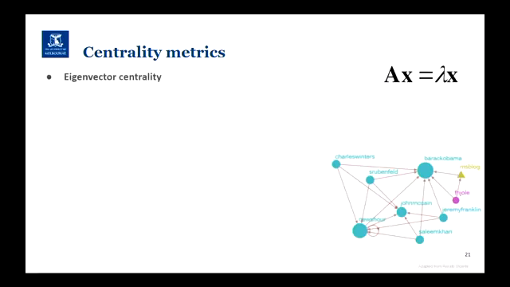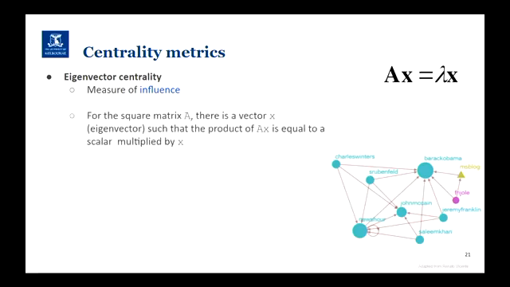And the last one I'd like to mention is eigenvector centrality. The idea of eigenvector centrality is to measure influence. It's slightly different from the others. The mathematical rationale is that, since we can model our graph as an adjacency matrix, we can do this operation on it, which is basically a geometric analytics operation.